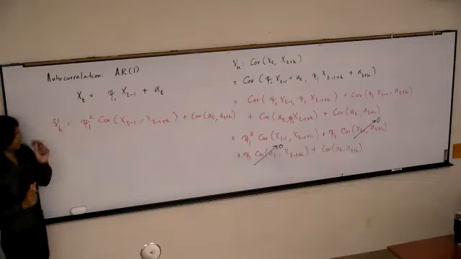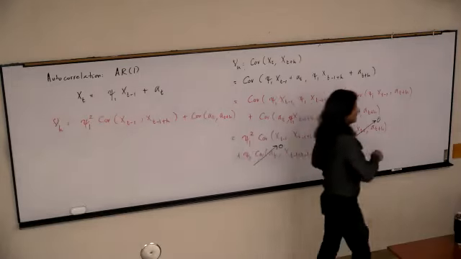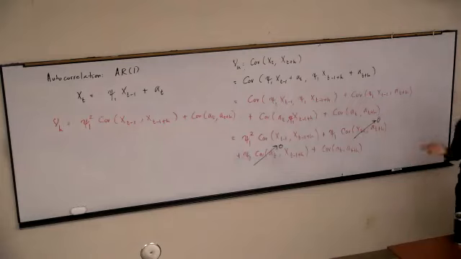From last time, we know that since AT and AT plus h are independent of each other, that covariance will be 0. Agreed?